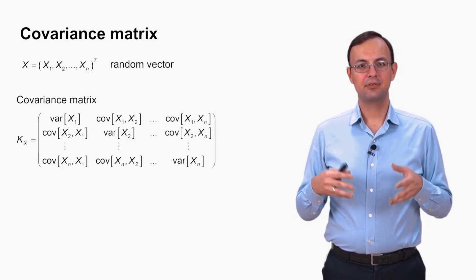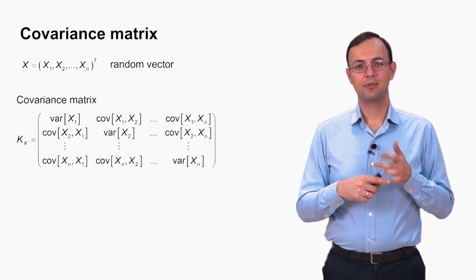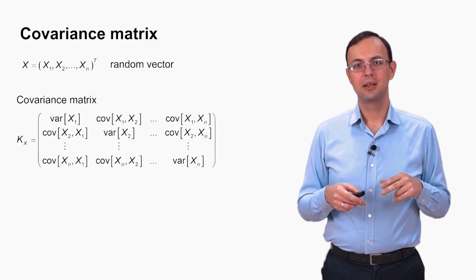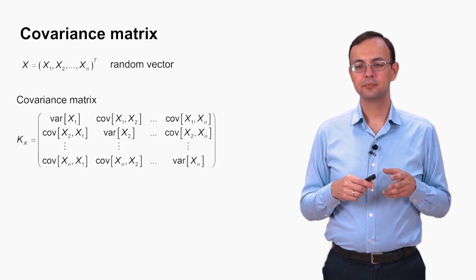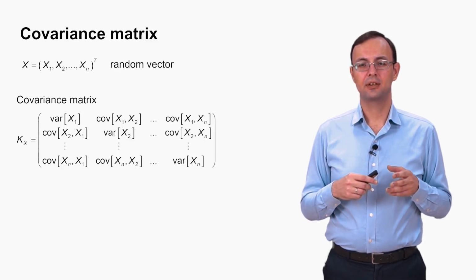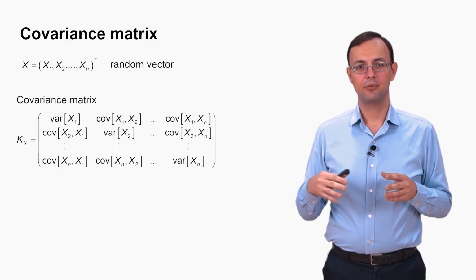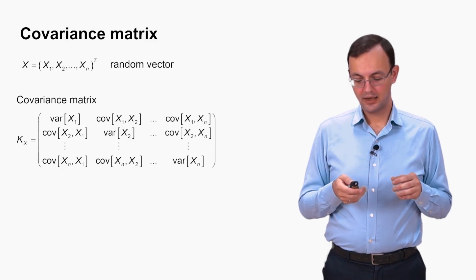And this matrix is a symmetric matrix, as covariance of x1 and x2 is equal to covariance of x2 and x1. So that is why elements above the main diagonal of this matrix and under it are equal.